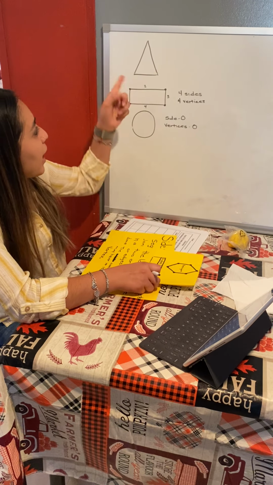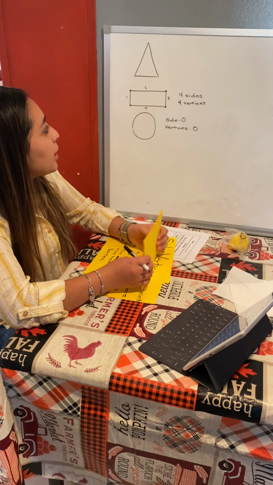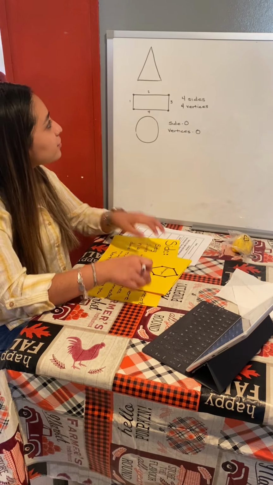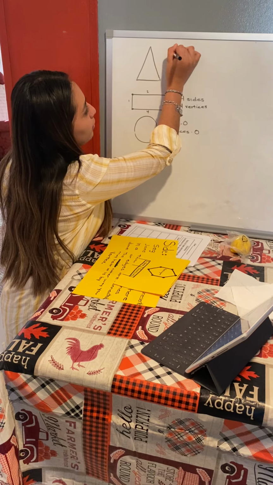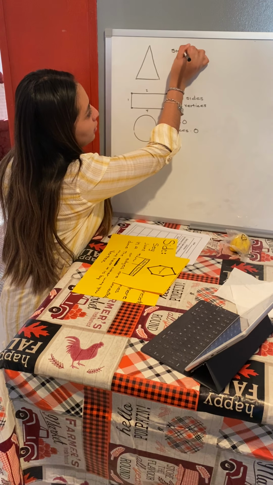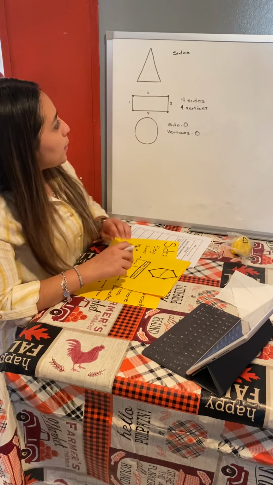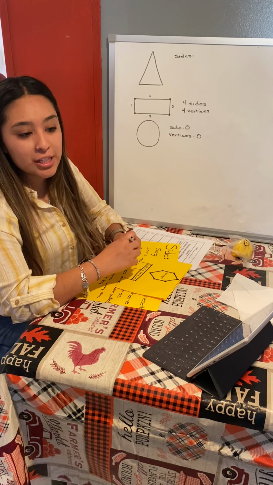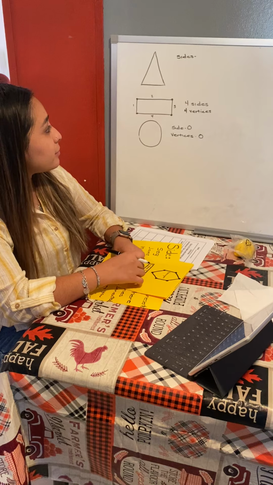So let's go ahead and someone tell me how many sides a triangle has. All right, sides up here. Good, good. I heard someone say 3.